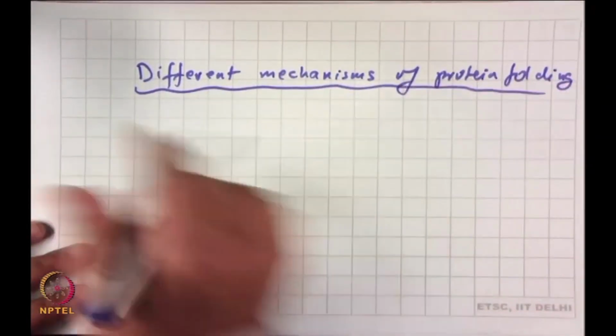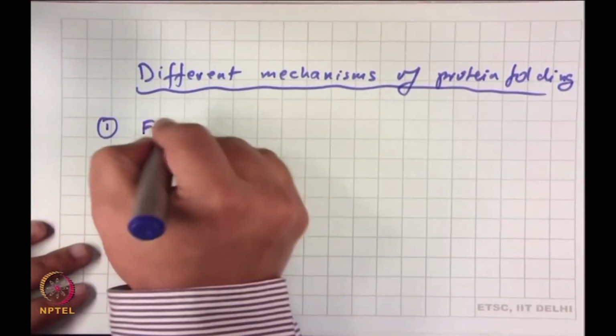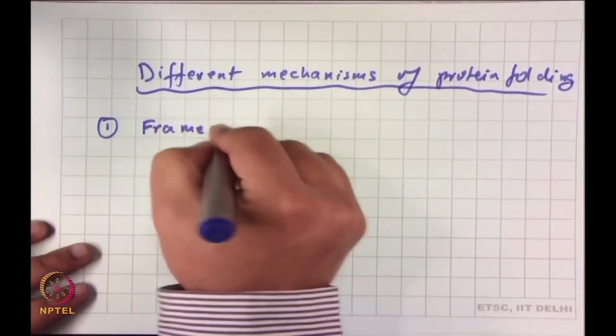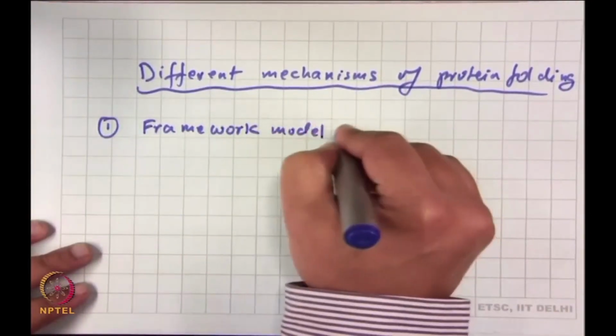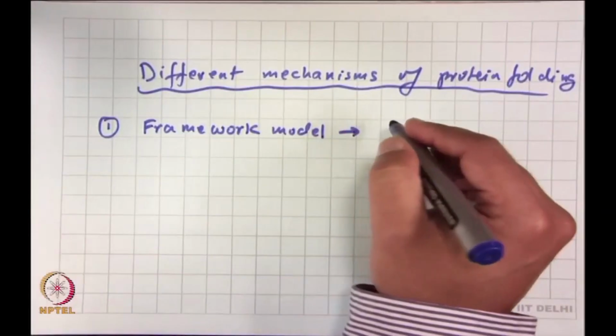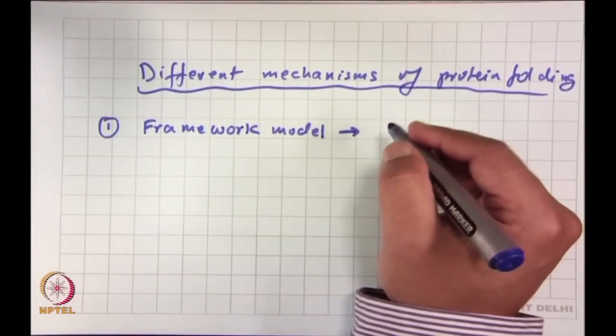But we said that there were broadly three classifications. One was referred to as a framework model, where you would form local secondary structural elements and then they would diffuse and collide.